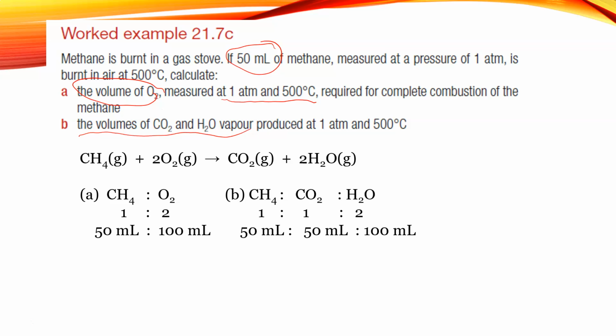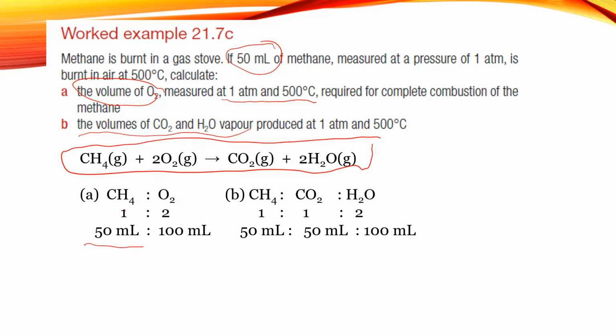So we start with our balanced equation here. And our molar ratio of methane to oxygen is 1 to 2. So we just plug in the volume as though it was a mole and do the 1 to 2 ratio, and you've got 100 millilitres of oxygen.